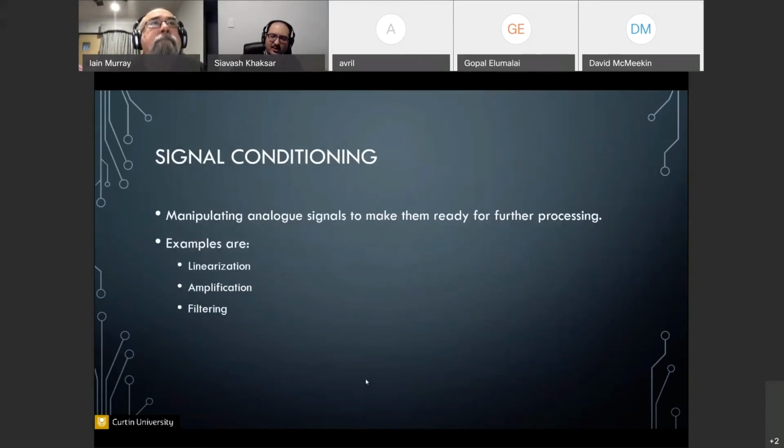Now, another important topic when we are talking about sensors is the concept of signal conditioning, which means we want to manipulate the analog signals that are coming out of our sensors because of their characteristics. The main ones that are important are linearization, amplification, and filtering.